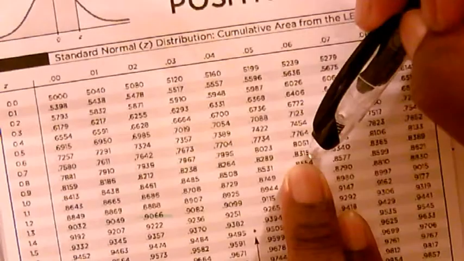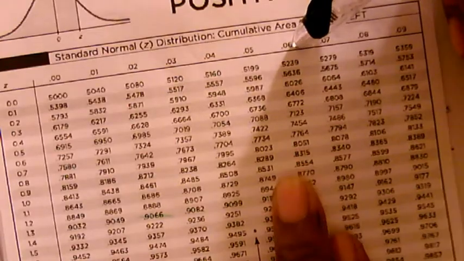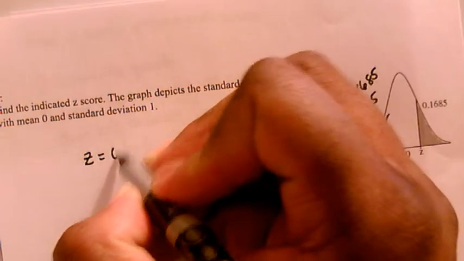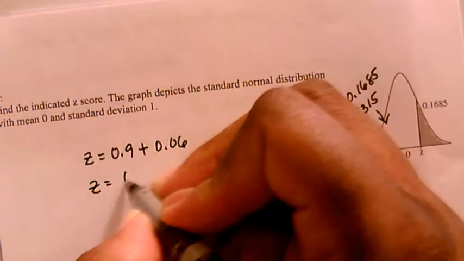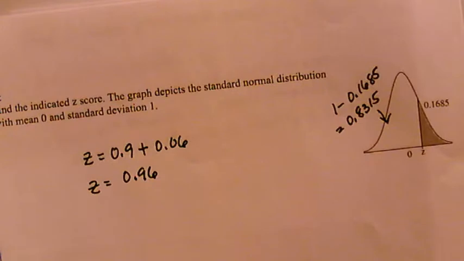The row, in this case, is 0.9. The column is 0.06. So that z value is 0.9 plus 0.06, which gives me 0.96. So that corresponding z value for 0.8315 would be 0.96.